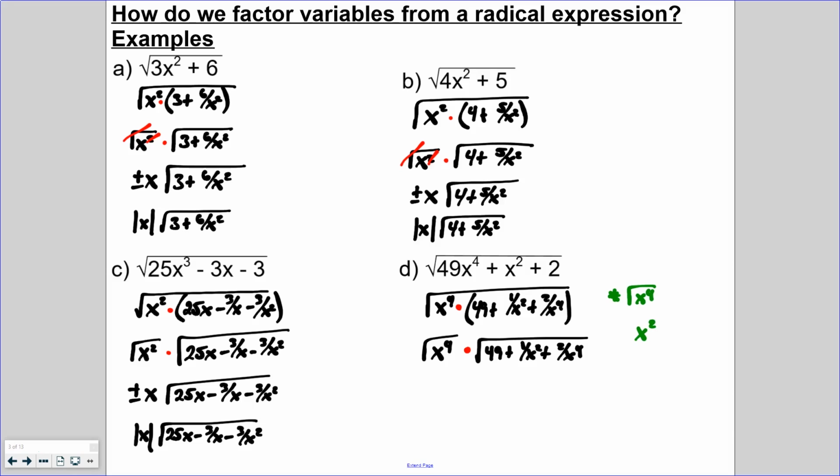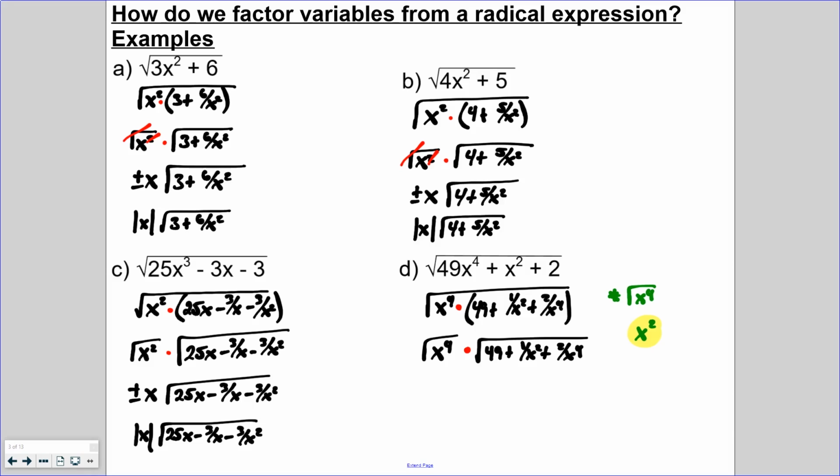But then the question is, well, whenever we take the square root of a variable, we need the plus or minus sign, which is kind of true, but not in all situations. We are not going to need the plus or minus sign here because we have x squared. And x squared is interesting because with any value of x that we plug into x squared, we're always going to get a positive number, because whenever we square something, it becomes positive.